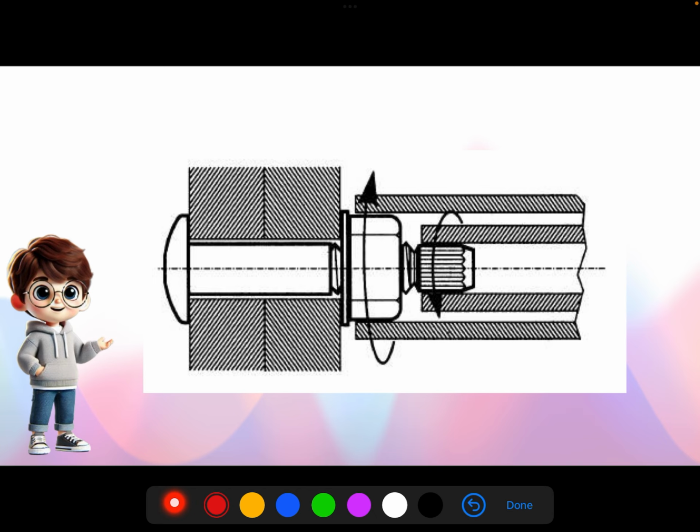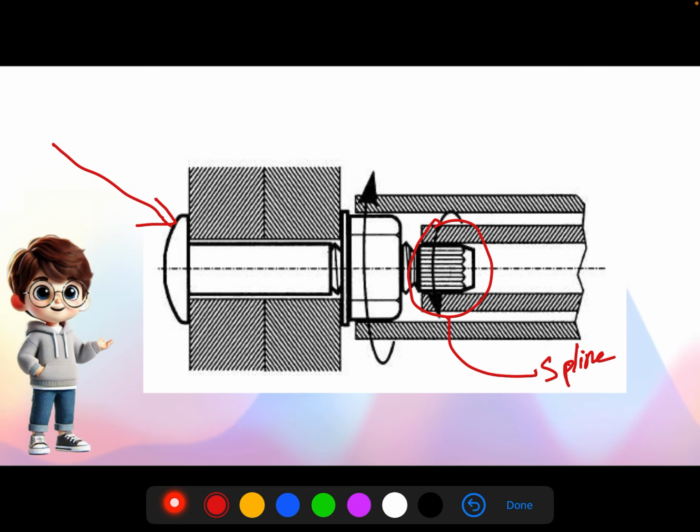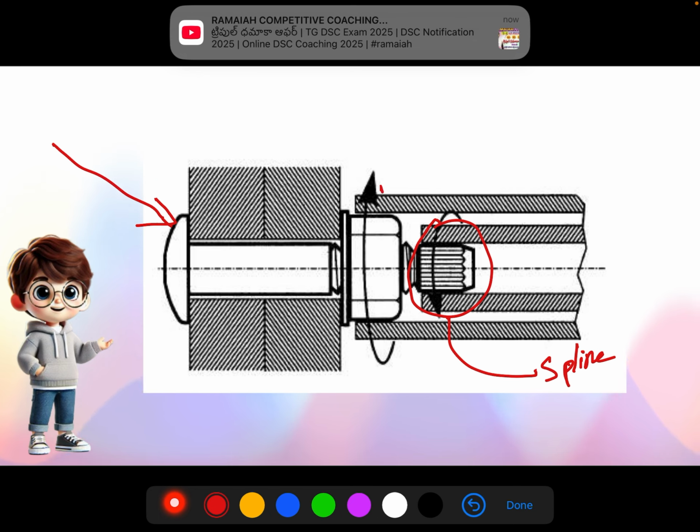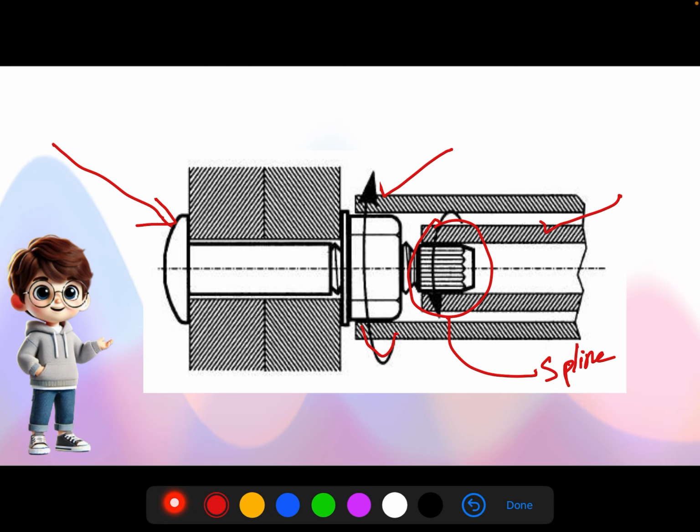Now, twist off type tension control method. This we will use only for TC bolts, not for heavy hexagonal bolts. In TC bolts, as I already said in the part 1 session, there is a spline. So when you insert a TC gun, one holder will hold the nut and one holder will hold the spline. First, the nut will rotate in this way.